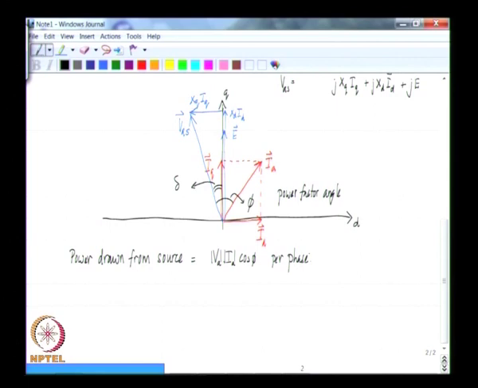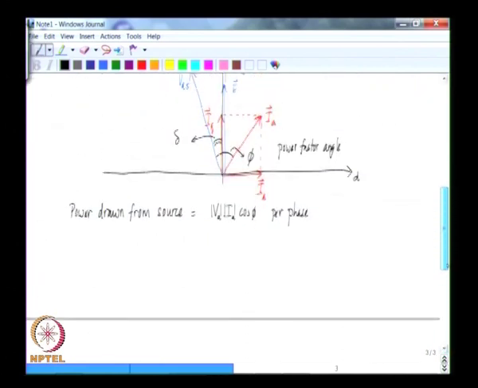So, for all 3 phases combined, it would then be 3 times VA into IA into cos phi.